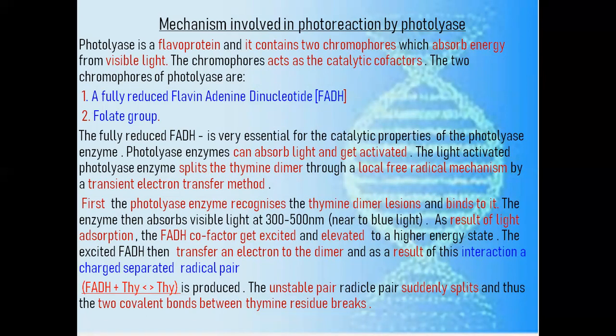The light activated photolyase enzyme splits the thymine dimers through a local free radical mechanism by a transient electron transfer method. First, the photolyase enzyme recognizes the thymine dimer lesions and binds to it, and after that it absorbs visible light in the 300 to 500 nanometer range, which is near to blue light.